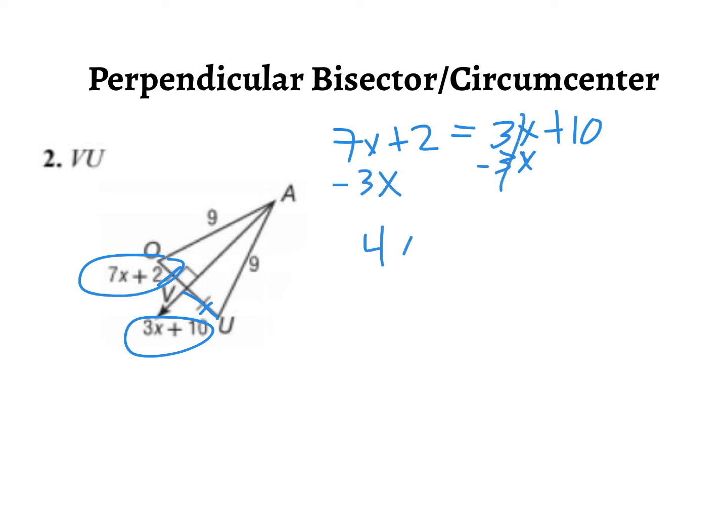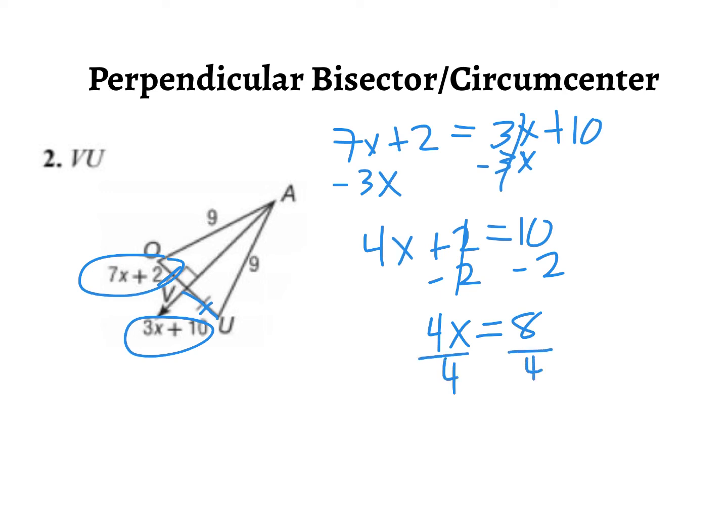I have 4x plus 2 equals 10. I move the 2 to the other side by subtracting 2 on both sides. 4x equals 8. And divide by 4 on both sides to leave x by itself. So x equals 2.